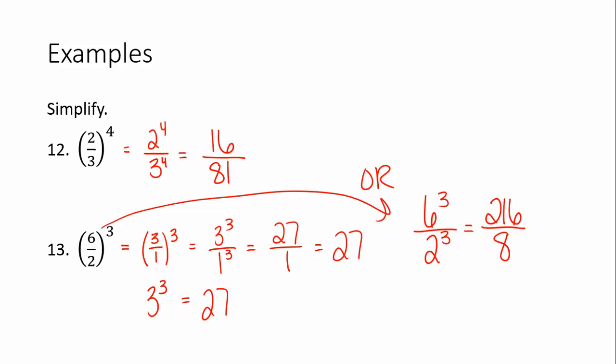You can see that they're both even, so definitely a 2 goes into both of them. But if you tried a larger number, like let's say 4, 4 also goes into 216, but so does 8. So if you reduce them both by 8, you also get 27 over 1, or 27. So you can see there are multiple ways to solve the problem, but I think that simplifying first is the easiest.